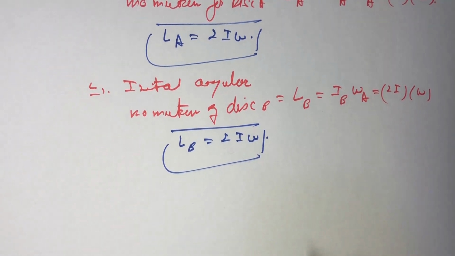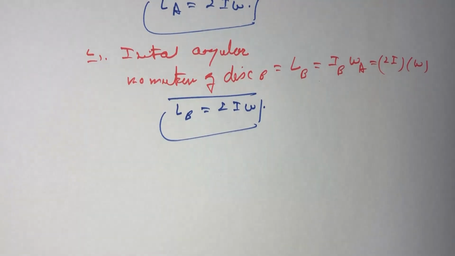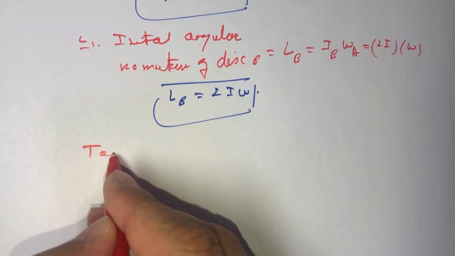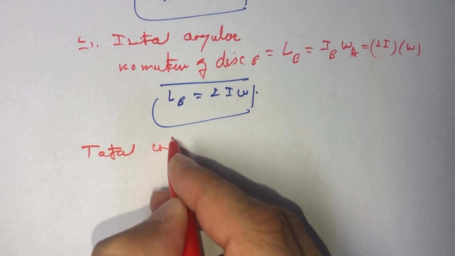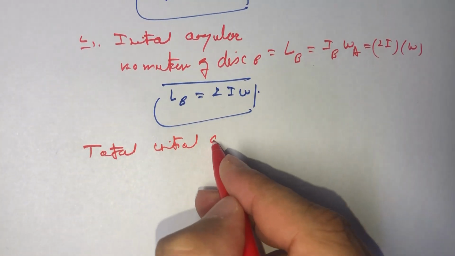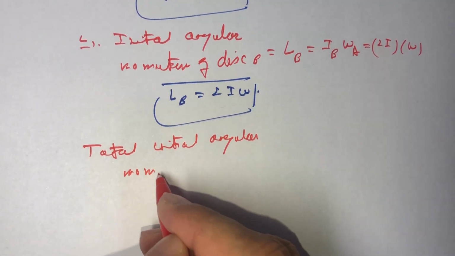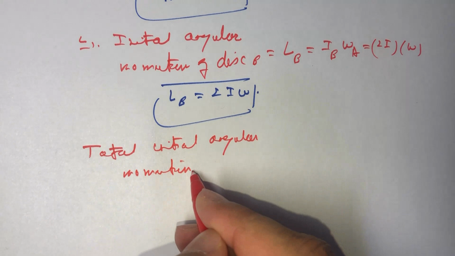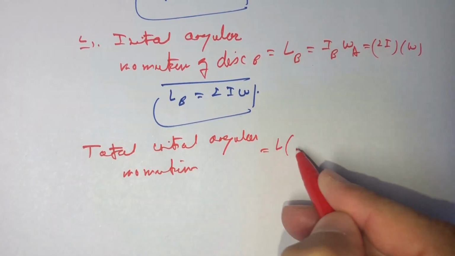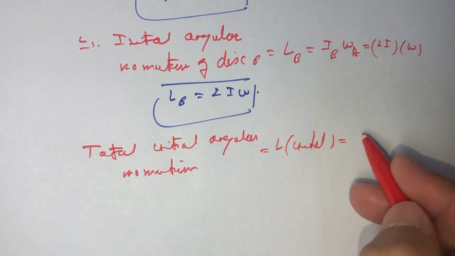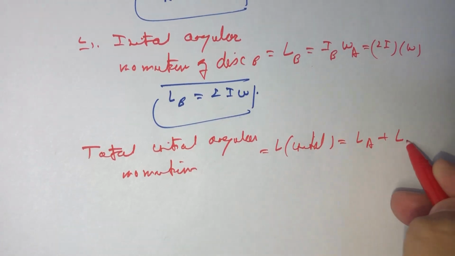So we can say that the total initial angular momentum, let us suppose that is given as L initial, will be equal to LA plus LB.